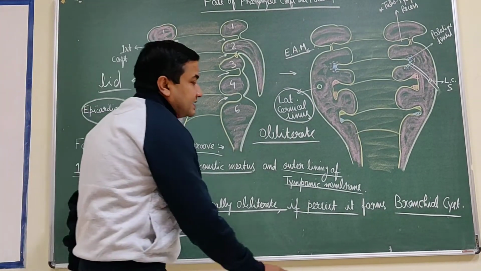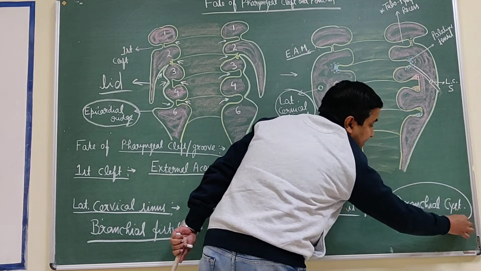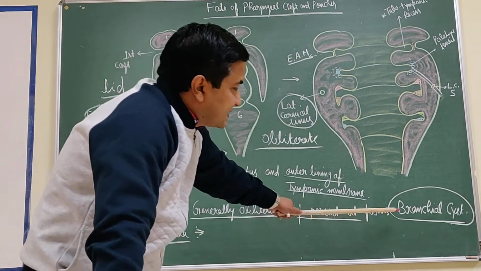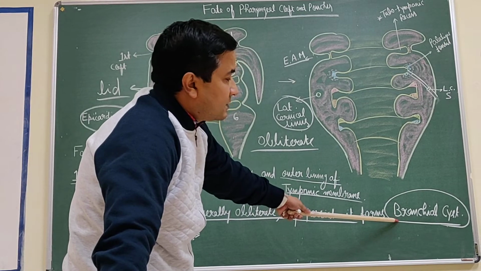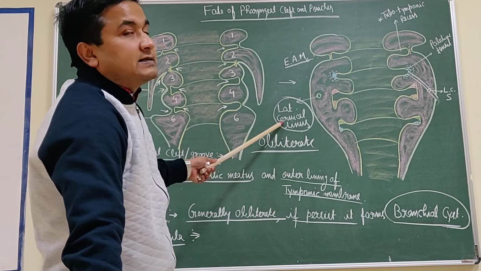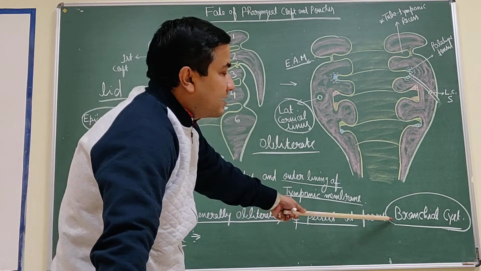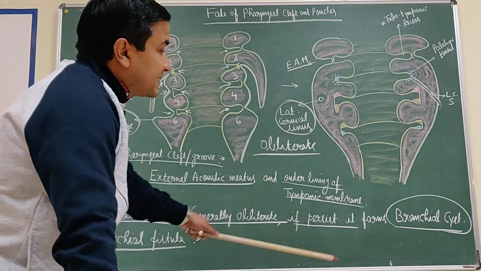This is a congenital swelling, known as the branchial cyst. This branchial cyst is formed when the lateral cervical sinus does not obliterate, and it forms a swelling.